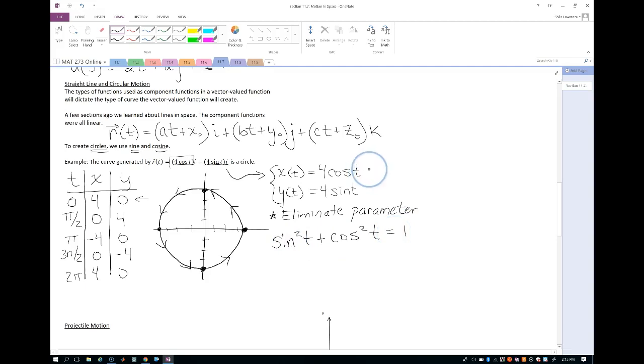So if I can solve these equations for sine and cosine, then I can replace sine and cosine in this identity equation. So to solve for cosine t, I'm going to have to divide the 4 over. So this tells me that cosine t is equal to x over 4.